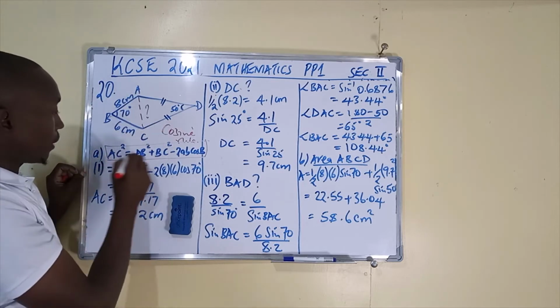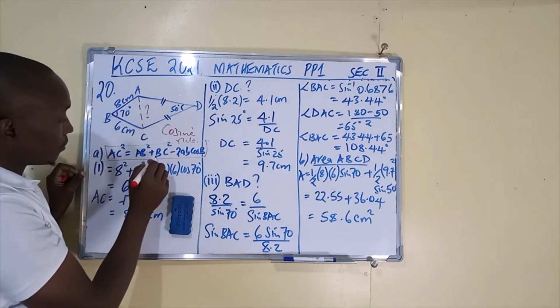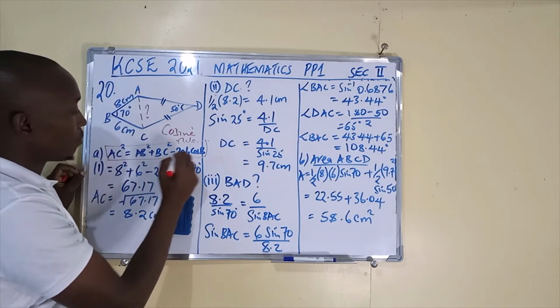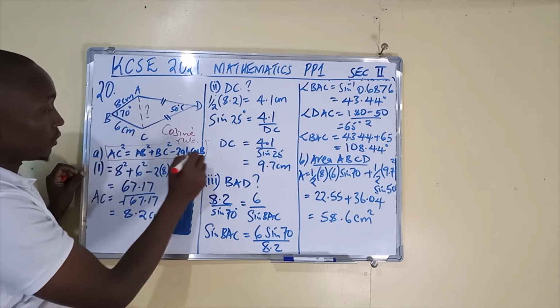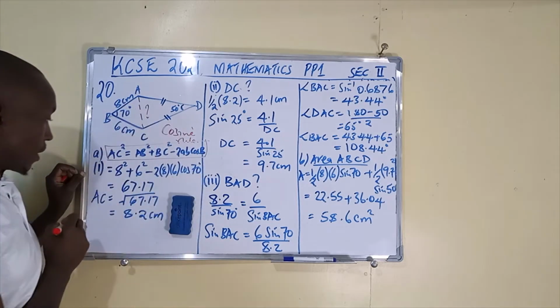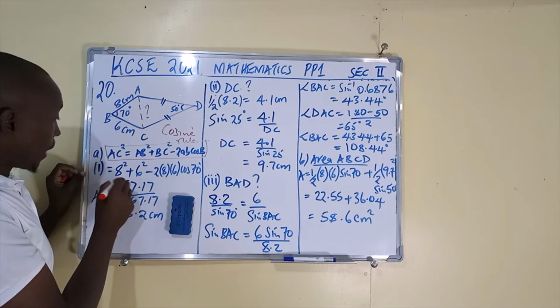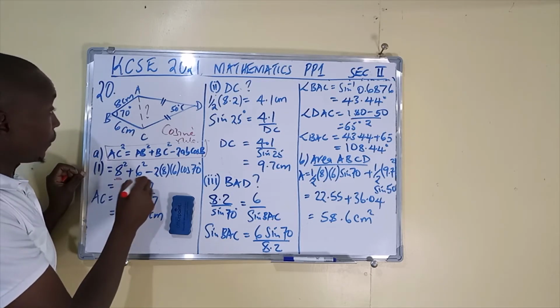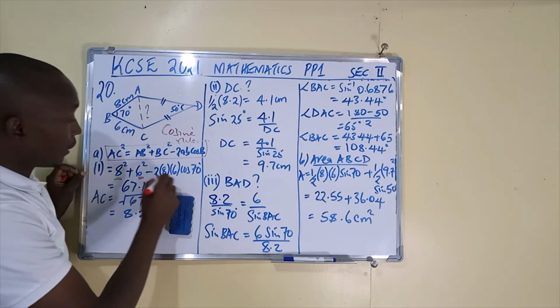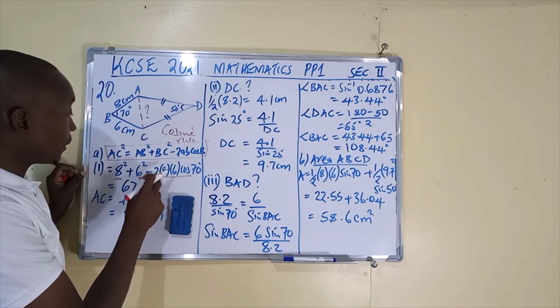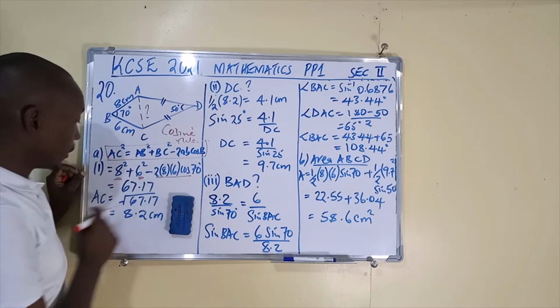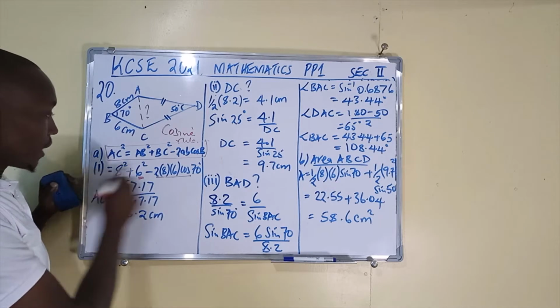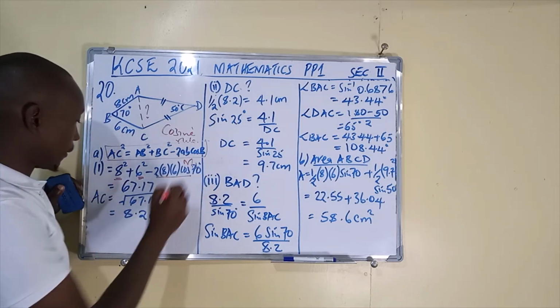AC squared will be given by AB squared plus BC squared, then minus 2 AB BC cos of the angle given there. And if I substitute what I know, AB, I know BC, and then this other part, that is twice AB BC cos 70. By doing that, method 1 there.